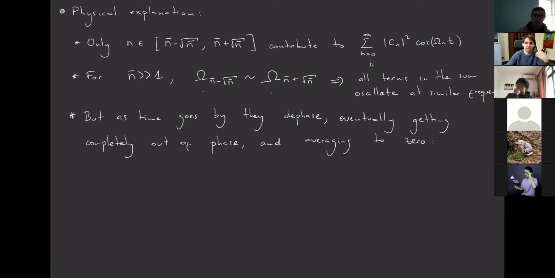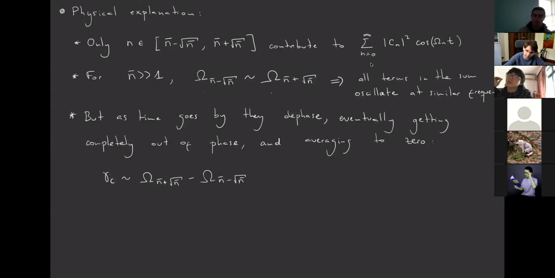But this actually gives us a way of predicting just from this argument. If this argument is true, this means that the collapse rate should go as the difference between the largest and the smallest frequencies, which is this one and this one, okay?